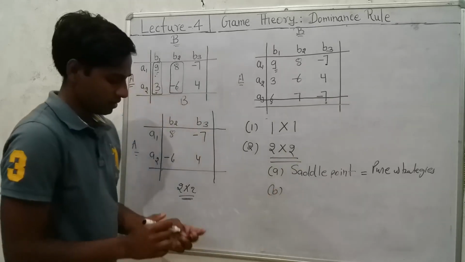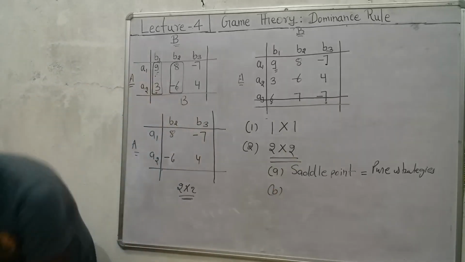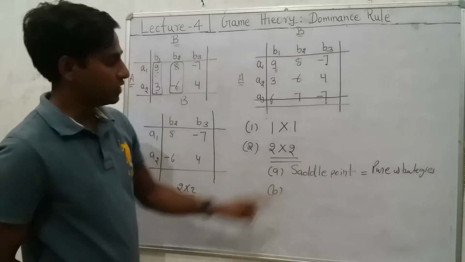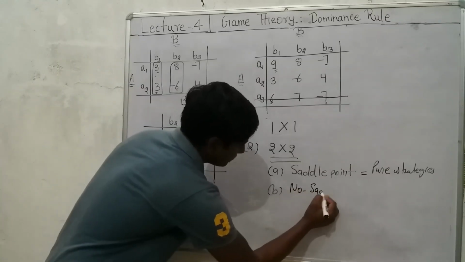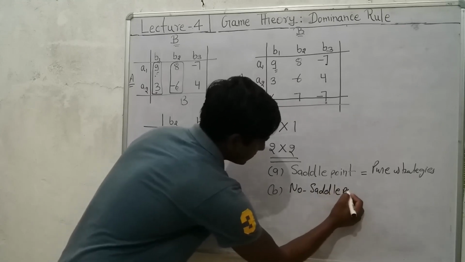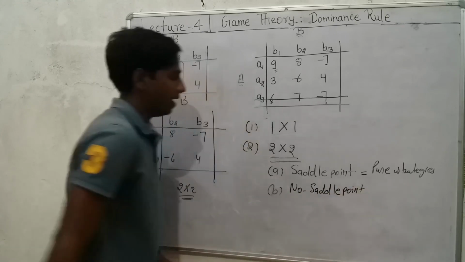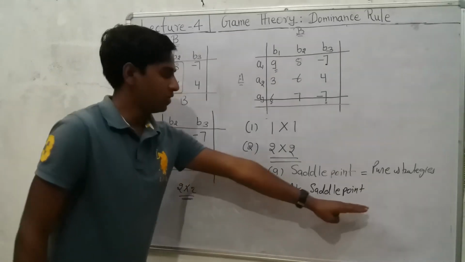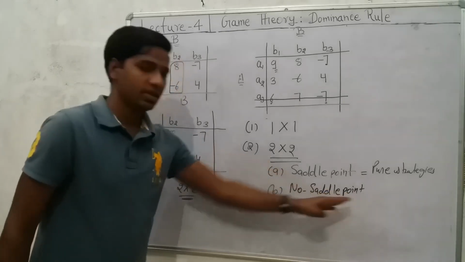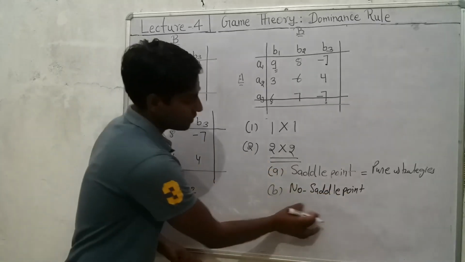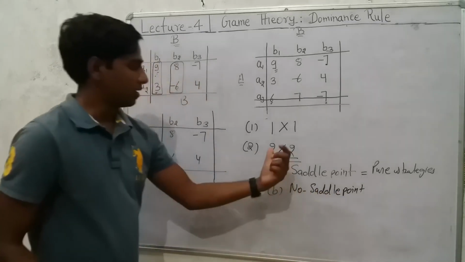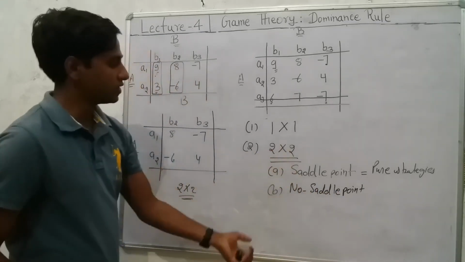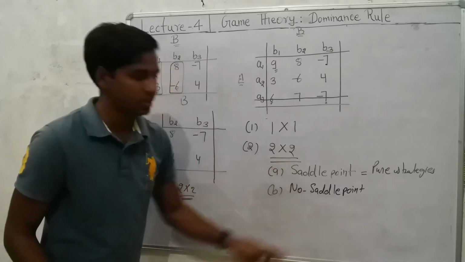What would be the other case of this situation? We have a new reduced game of 2 by 2 order in which there is no saddle point. We have also discussed this case in the previous video. So how are we going to solve a reduced matrix of 2 by 2 order with no saddle point?